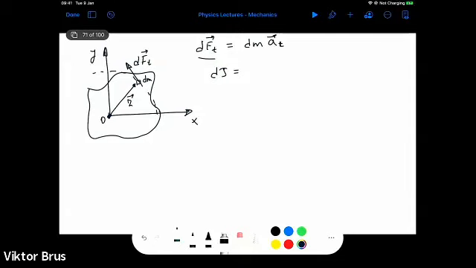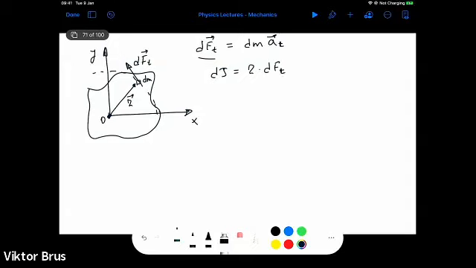So we are talking here about absolute values. The vector nature of torque we will discuss a bit later. So it's the product of the distance from the axis of rotation, the force, and then the sine of the angle between these two vectors. Since the tangential force is perpendicular to the position vector, we can write that it's just the product of r times dFt.